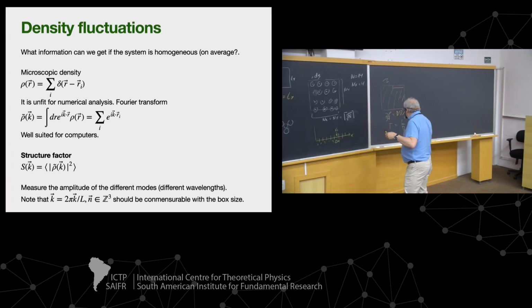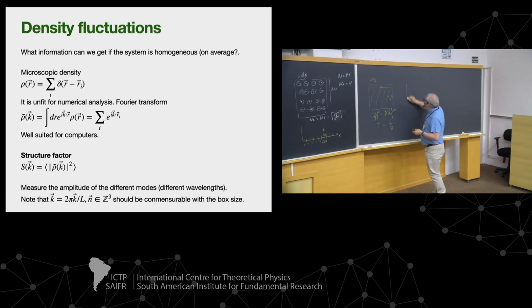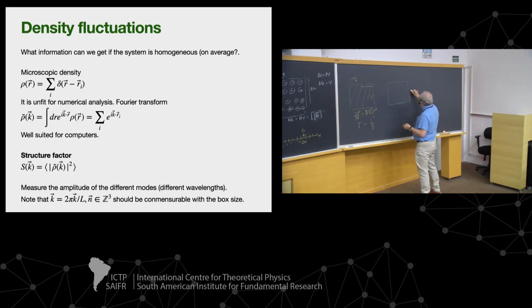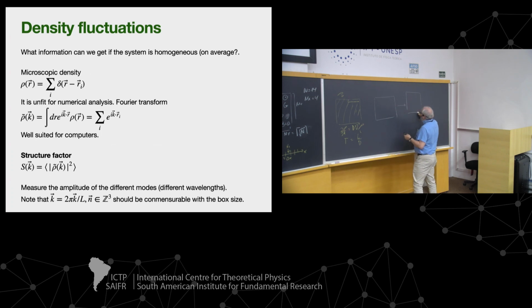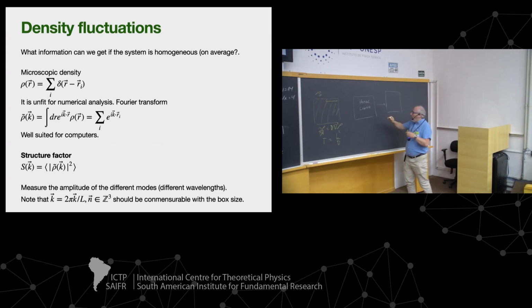For example, yesterday, for the Vicsek model, we saw that there was a transition from a homogeneous polar liquid to stripes, moving stripes. You have these stripes that were moving like this.